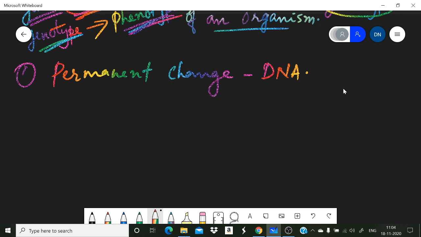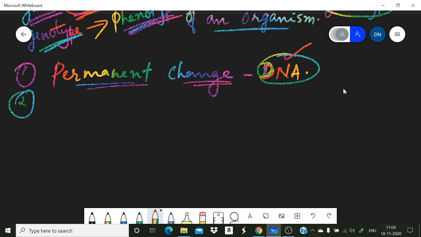In all the higher organisms, DNA acts as a genetic material, whereas in viruses, RNA is the genetic material. So mutation causes a permanent change or alteration in the structure of DNA, as well as in the function of DNA. When the structure of the DNA changes, that may cause changes in the functions or activities of the DNA.